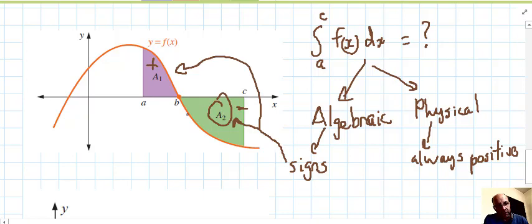And you'd see that just by inspection, it's likely that you would get a negative answer overall because the green essentially outstrips the purple, and the green is negative, so you get a negative. However, physical, you'd have to take the absolute value of the area of A2 and then add it to A1 to get the total area.